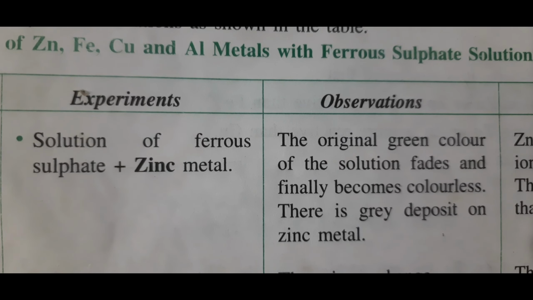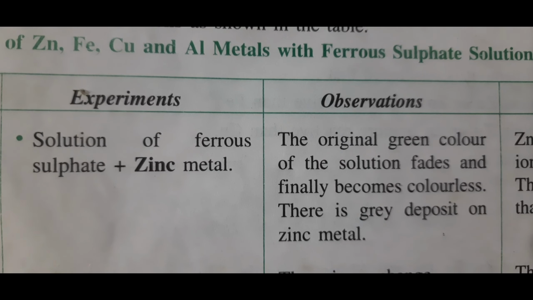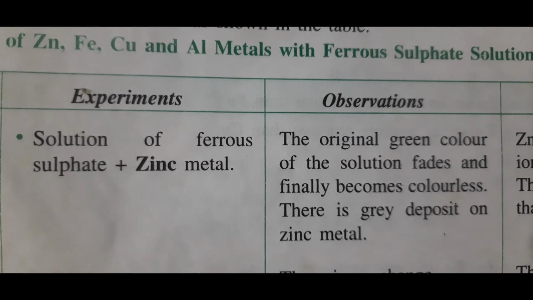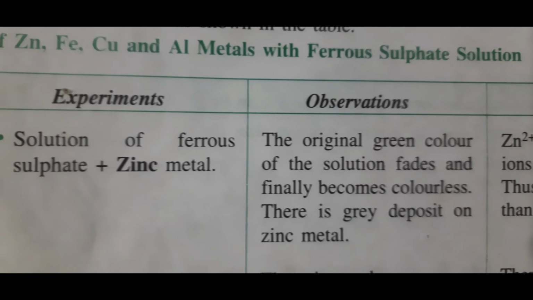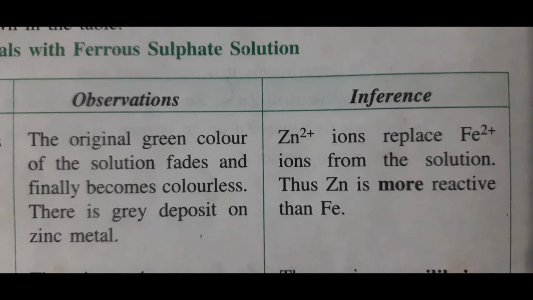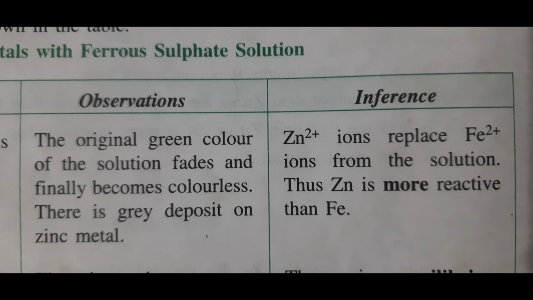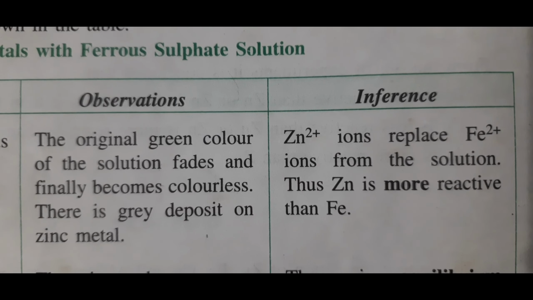There is a gray deposit on zinc metal. Now what is the inference? Zn replaces iron ions from the solution. Thus, Zn is more reactive than Fe.